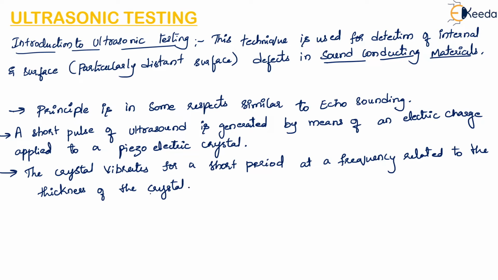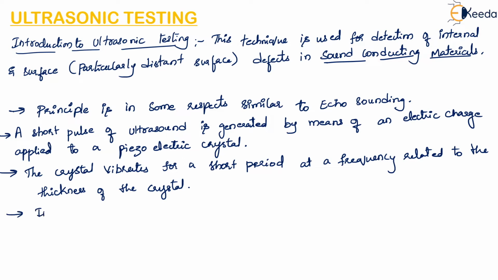In flaw detection, usually the frequency which is used is in the range of 1 million to 6 million times per second. That is 1 megahertz to 6 megahertz.